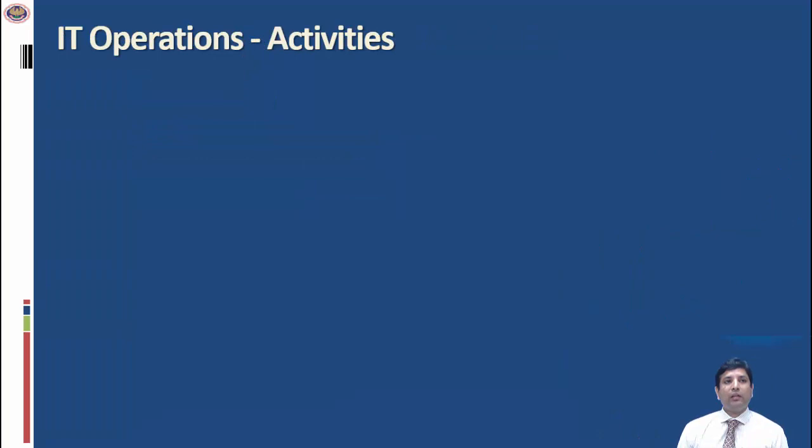So now let us look at the domain or the category of general IT controls, which relates to the data center and network operations. We also call it the IT operations for short. So this is the category of general IT controls where we need to obtain an understanding of the process, the risks and controls that are relevant to the day-to-day operation of the activities as they are relevant to the IT systems and applications.